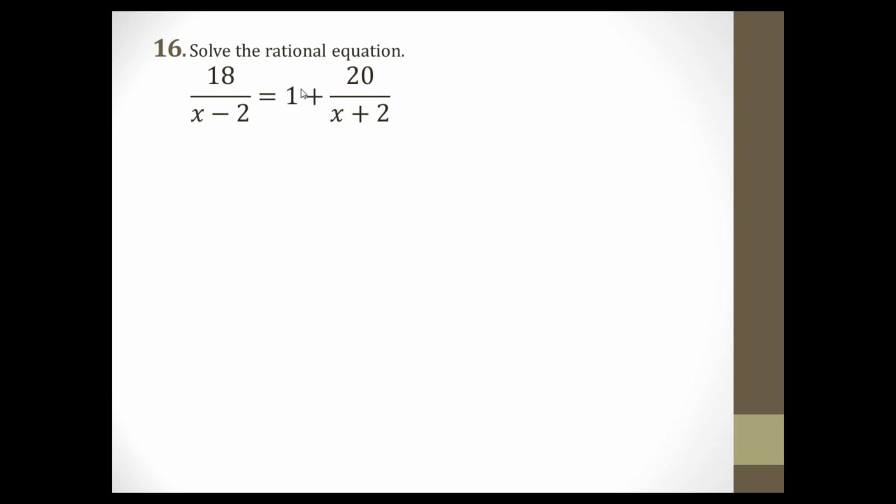And 1 has a denominator of 1, so it doesn't really affect what we need. So the least common denominator that we want to use is x plus 2 times x minus 2. Right? So we're multiplying everything in this equation by x plus 2 times x minus 2.